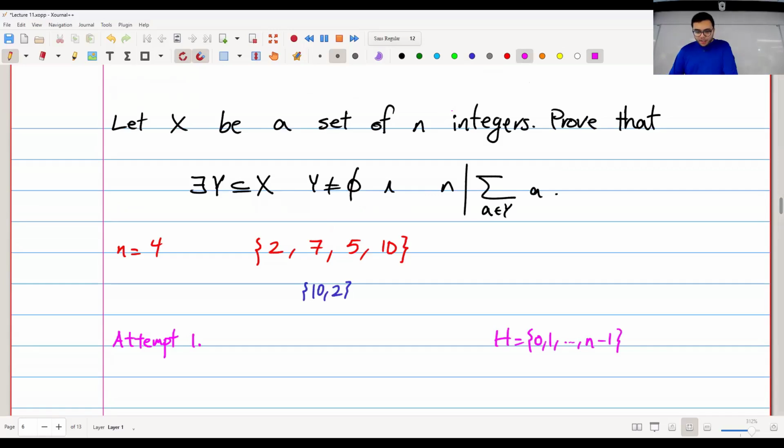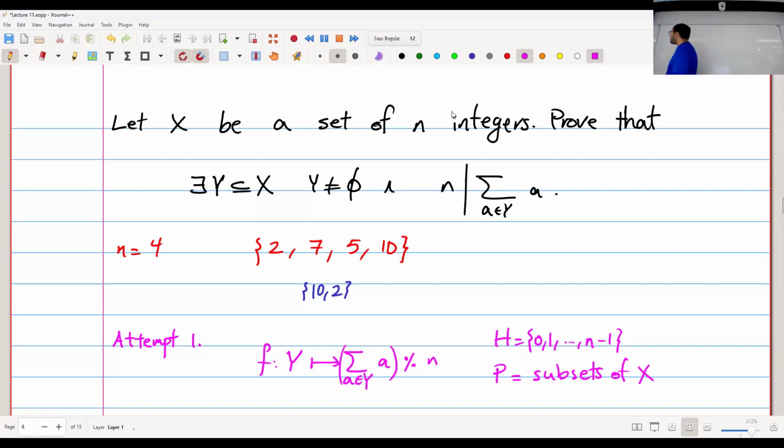And let's say that my pigeons are all the subsets of my set, subsets of X. And my function f that maps pigeons to holes takes a subset y and maps it to the sum of all the elements in y modulo n. So I'm going to say take any subset and just compute the sum of the elements in there and see what is the remainder when you divide by n, and you map it to that.